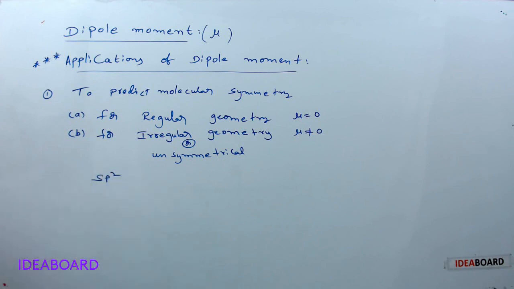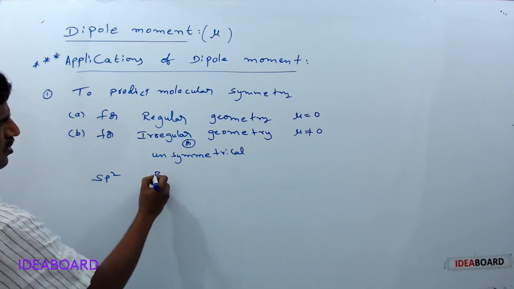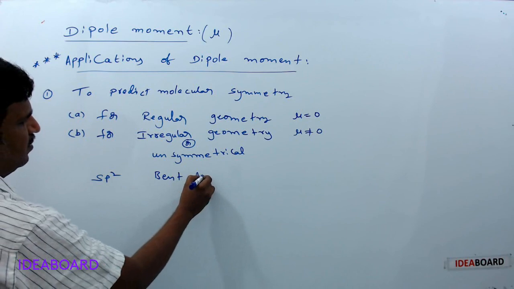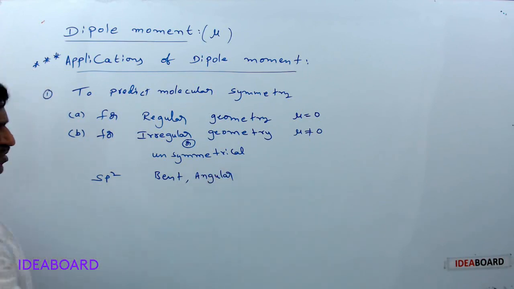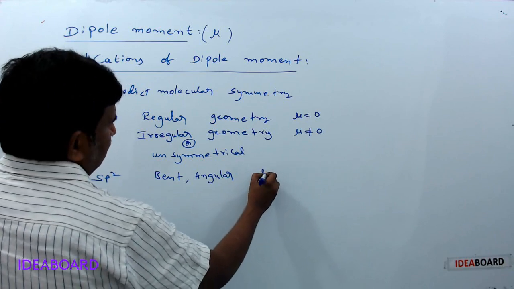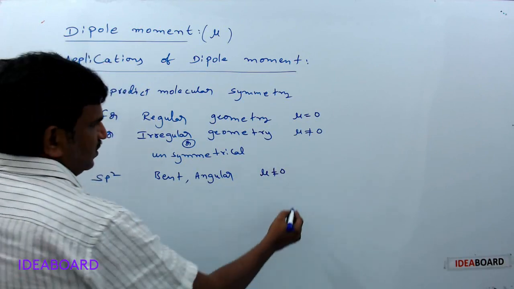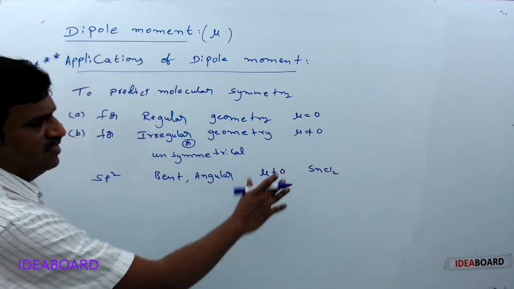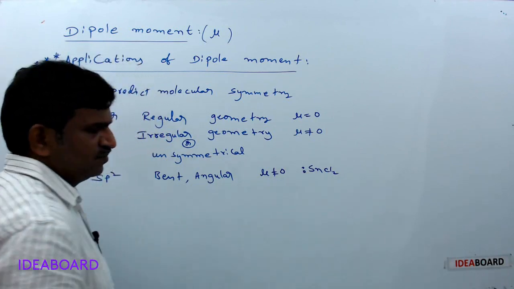Here if it is sp2 hybridization and it does not have a trigonal planar shape, it has bent shape or angular shape, then the dipole moment is not 0. Example for this is SnCl2. Here it has a dipole moment because it contains a lone pair on it.